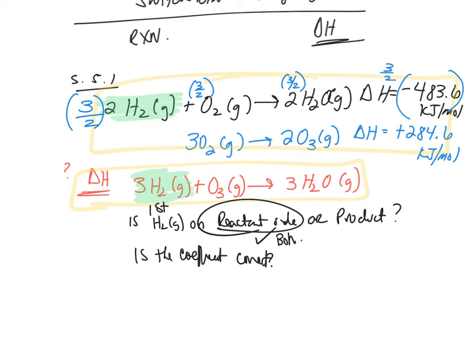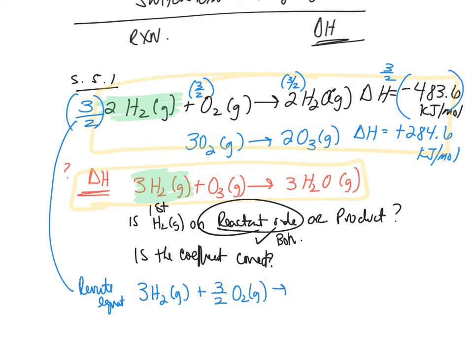And so when I do that, I'm going to rewrite this equation. That gives me 3 hydrogen gas plus 3 halves oxygen gas goes to, okay, we have 3 times 2 divided by 2, so we have 3 water gas molecules.